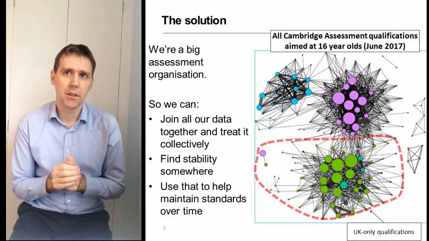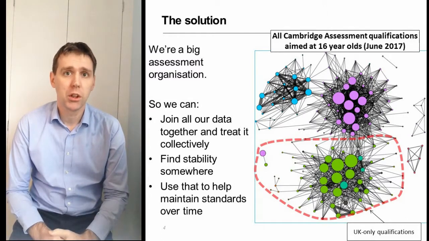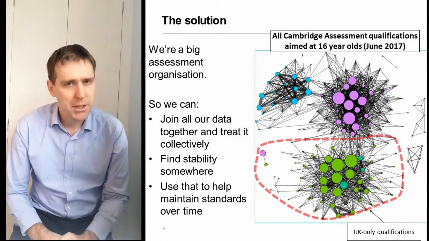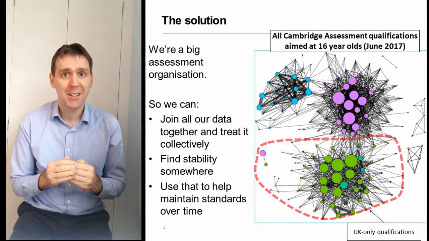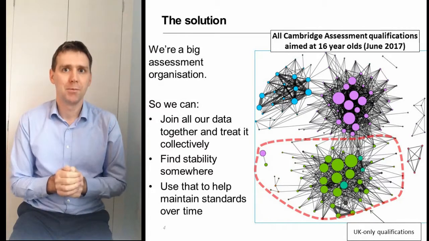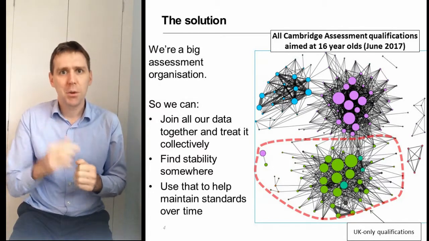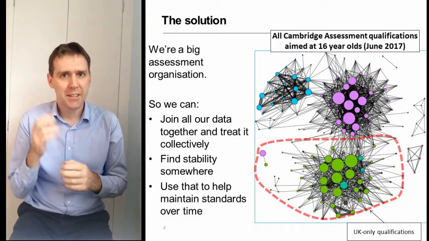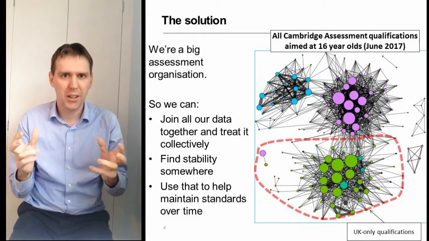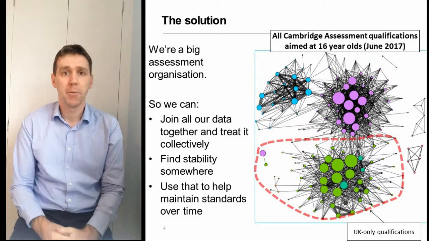Well, we're going to capitalise on the fact that we're a large assessment organisation. The picture here maps out our data. Each circle represents an assessment. The more people take an assessment, the bigger the circle. The lines between the circles indicate that at least 200 people take one assessment alongside another, so we've got a statistical link.